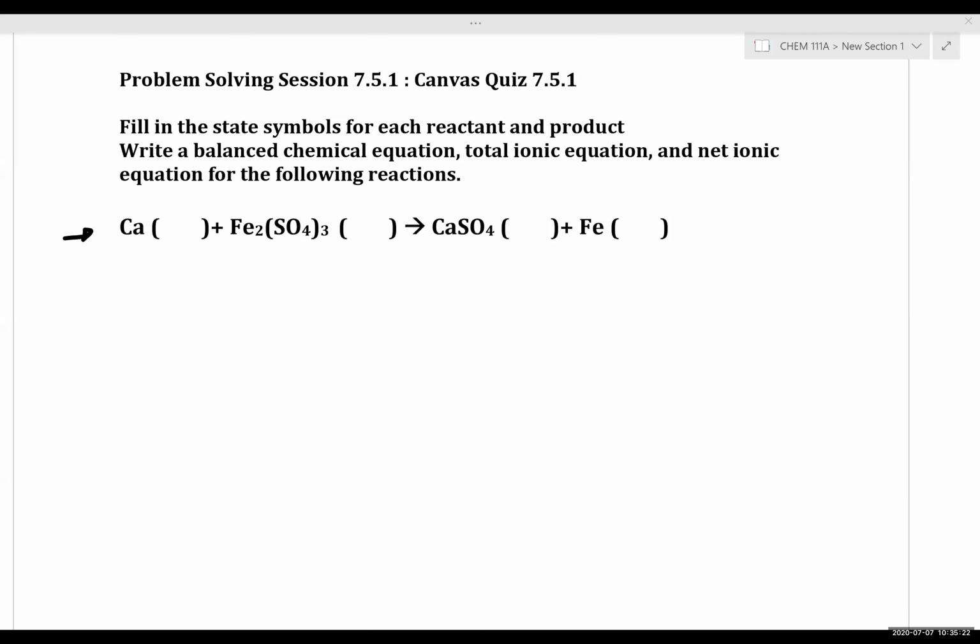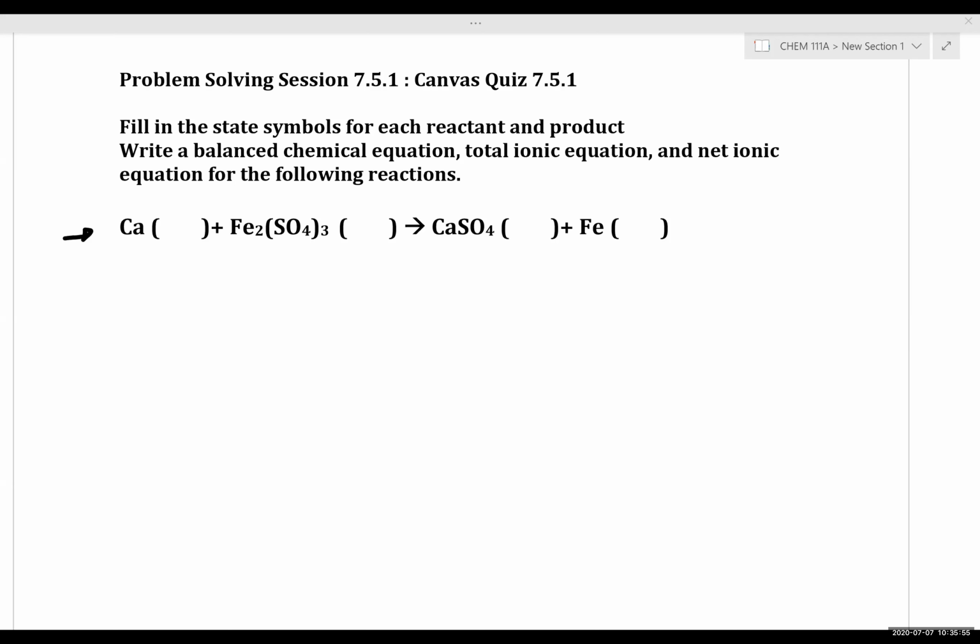The balanced coefficients that I'm seeing in the chat look quite good. Okay, so let's discuss.